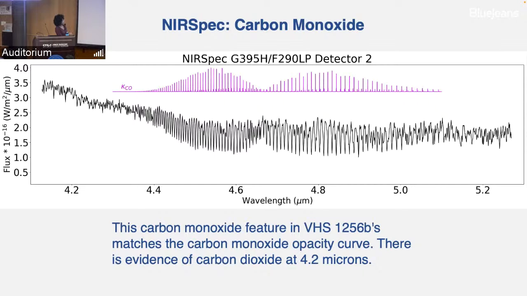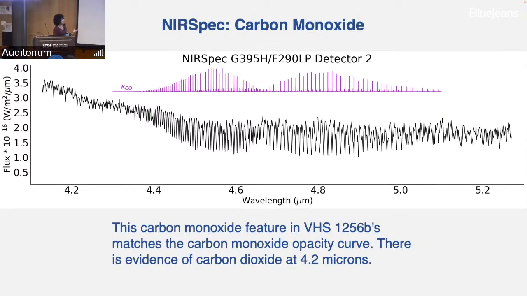From 4.2 microns to 5.2 microns, you have a really good CO feature that mirrors the opacity of CO for this specific temperature of the atmosphere. And these combs are beautiful. There's probably a lot more work you can do with this feature itself.